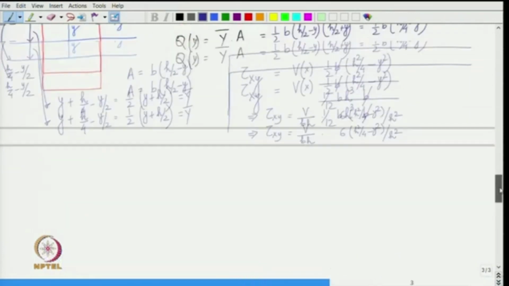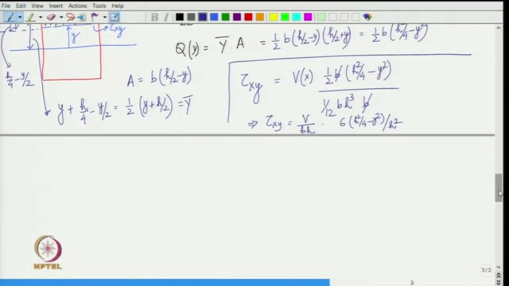So, we have done some clubbing of the terms, and I will tell you why we did it like this. So, this implies that tau x y is finally V by B h into 6 into 1 by 4 minus y over h whole square. Now, can you see what this distribution is going to look like? See, what is V by B h?